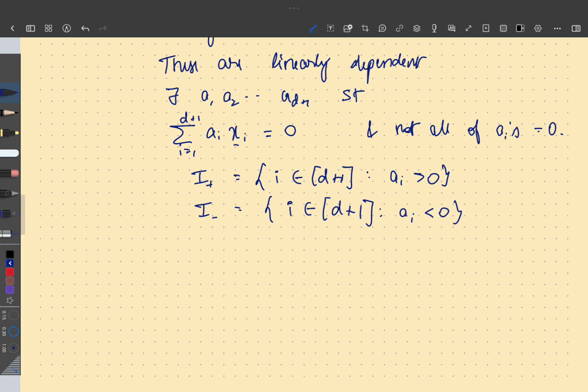At least one of I plus and I minus should be non-empty. It's possible that one of these is empty, but that's okay. First, let's assume that both I plus and I minus are non-empty.